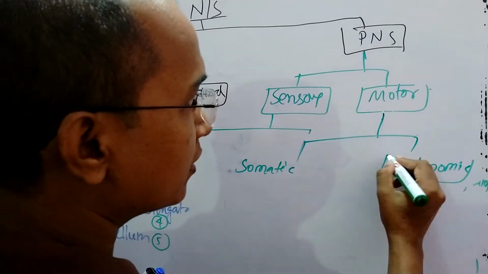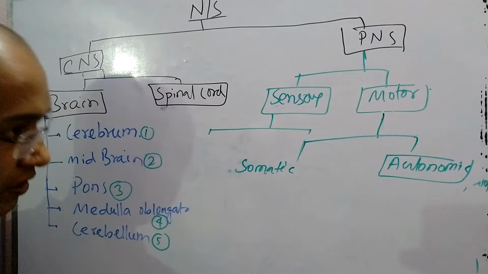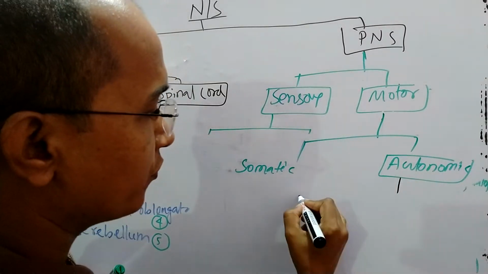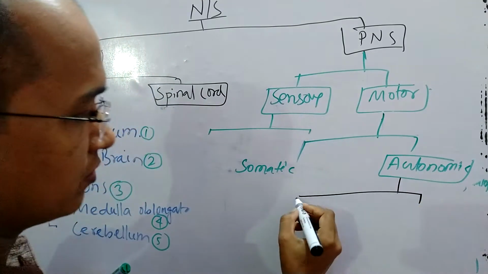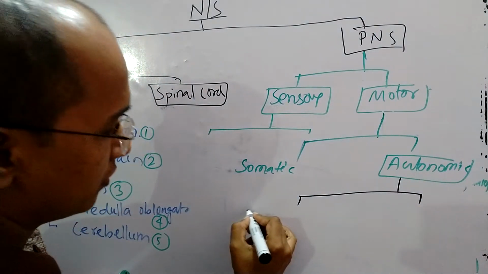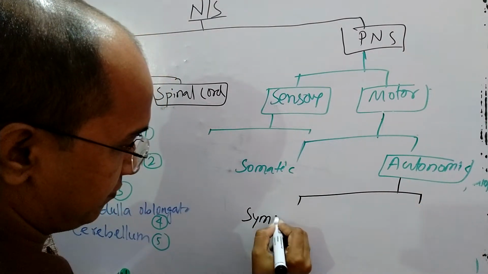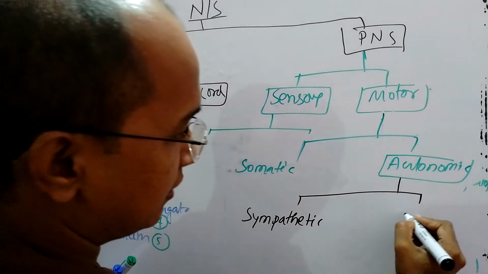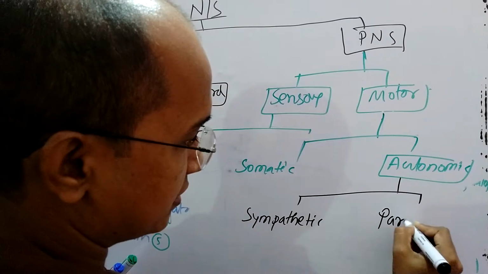The autonomic motor system of peripheral nervous system again can be divided into two groups: sympathetic system, and another is parasympathetic system.